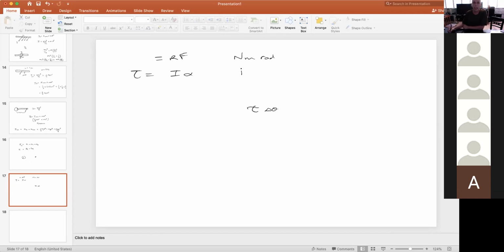This is like force normally, and force times distance gives us work, which gives us a change in kinetic energy. Well, torque times the change of angle, which is identical to I alpha in some ways, weirdly, gives us a change in kinetic energy as long as we multiply it by something.